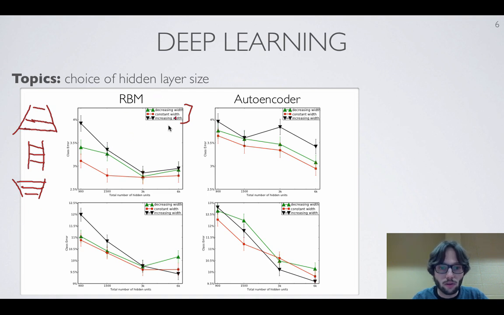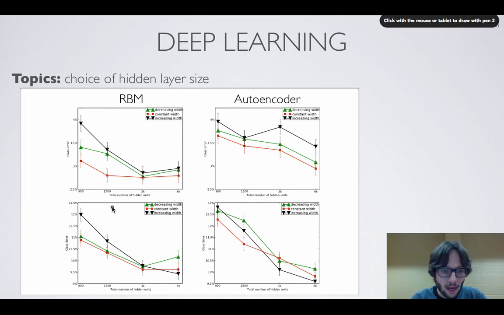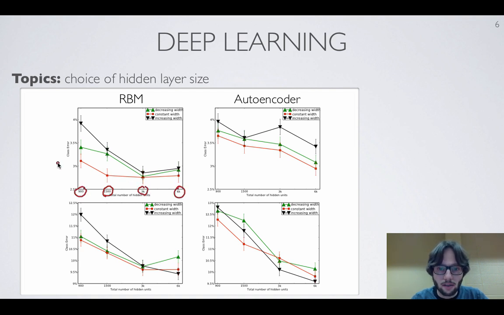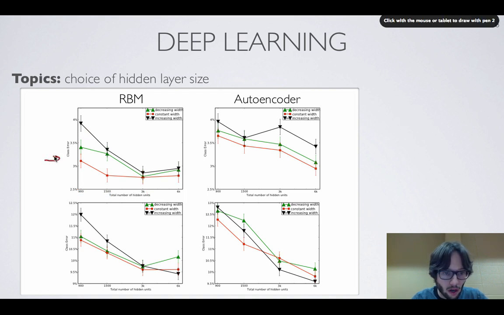Okay, so this is what these 3 sets of lines mean here. And then we considered the performance for different total numbers of hidden units in the neural networks. And here we have the performance either on MNIST small or on MNIST rotation.